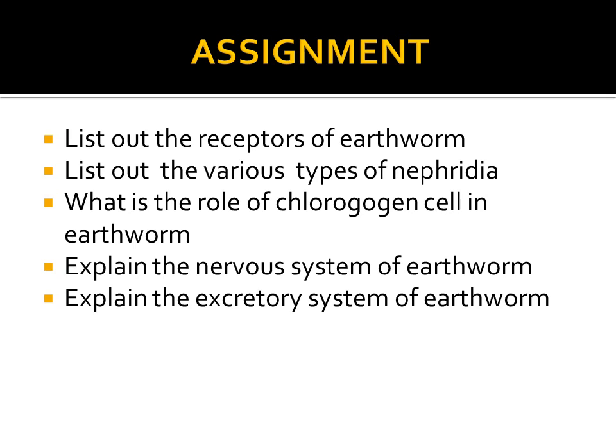One will be: explain the nervous system of earthworm. So we have to give the complete nervous system with the diagram. Fine. And the fifth question: explain the excretory system of earthworm, also with the diagram we have to give the excretory system.